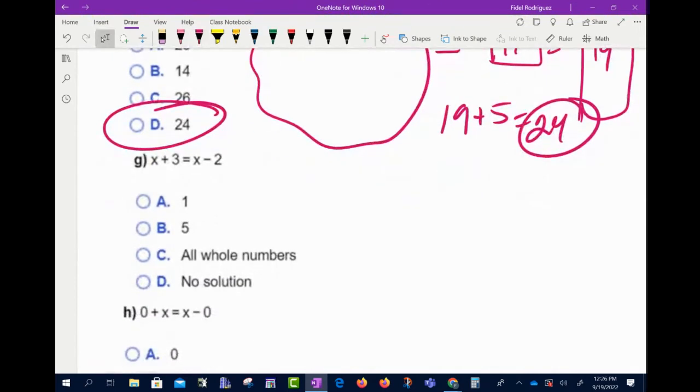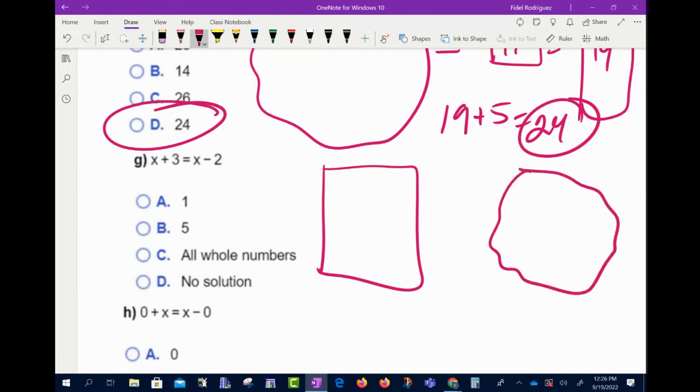All right. And so I have G. G is x plus 3 equals x minus 2. Okay, so I'm going to do the same thing here. I have a certain number of blocks here, and I have a certain number of blocks over here. So if I were to add, and it's the same number, okay, so I'm going to put an x here and an x here, whatever number that happens to be, whether it's 7 or whether it's 15 or whether it's 2, it doesn't matter, right?